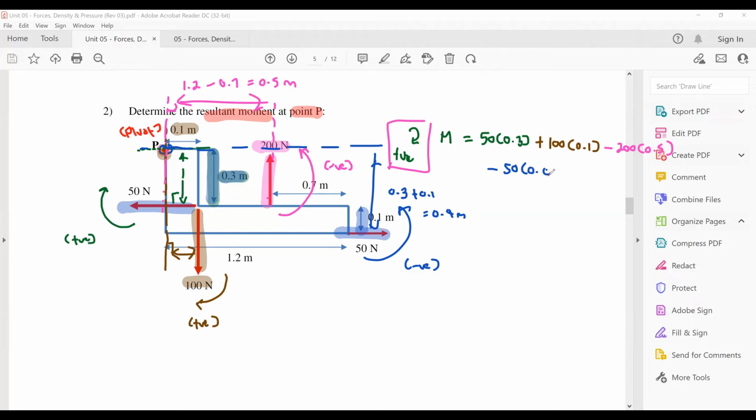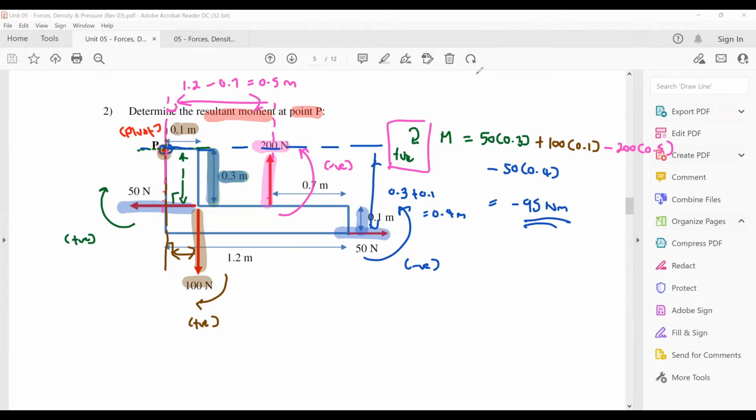So 50 times 0.3 plus 100 times 0.1 minus 200 times 0.5 minus 50 times 0.4, you get negative 95 Newton meter. Same thing as before, because you're getting a negative value here, it just means that it's acting counterclockwise, opposite to your sign convention.